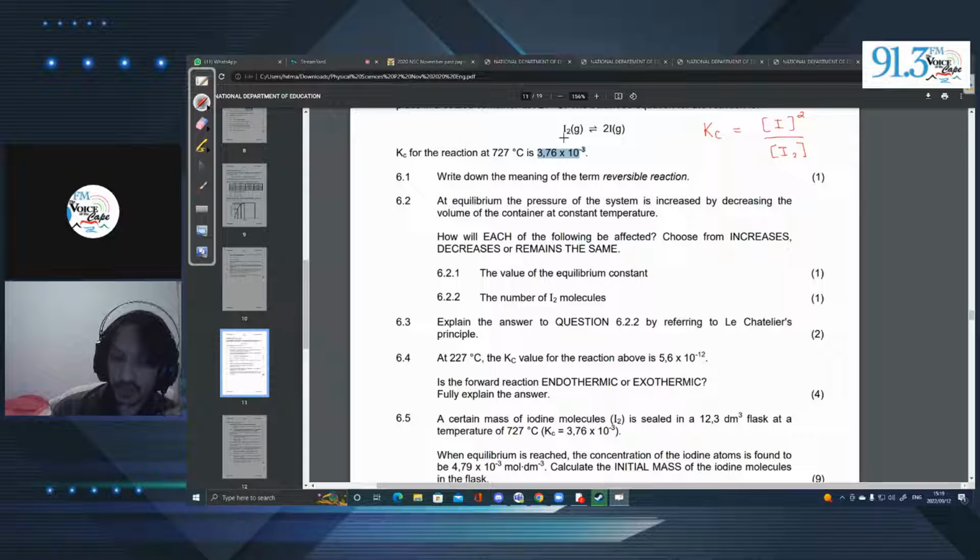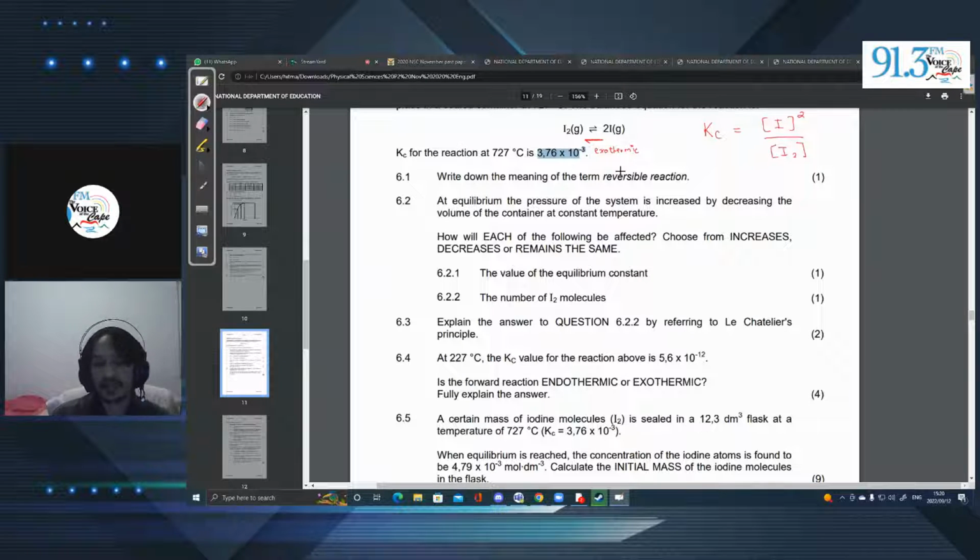Think about that: we're decreasing the temperature from 727 to 227, and the reverse reaction is being favored. That tells us that by decreasing the temperature, the reverse reaction is being favored. That means that the forward reaction is endothermic.